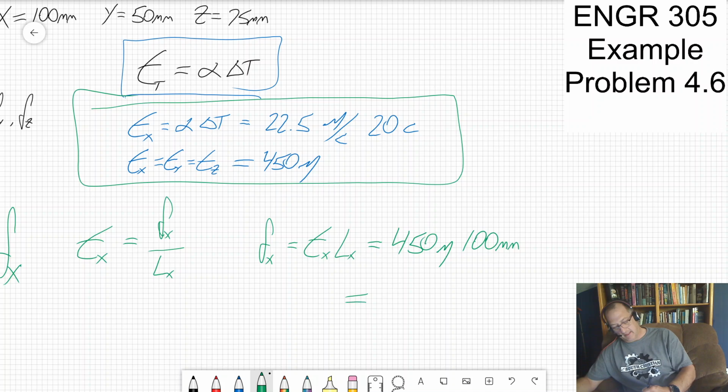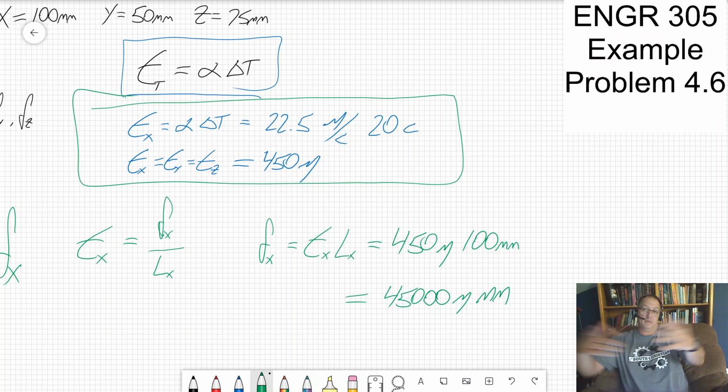If I multiply that out, I get 45,000, with a micro and a millimeter because I track my units as well.